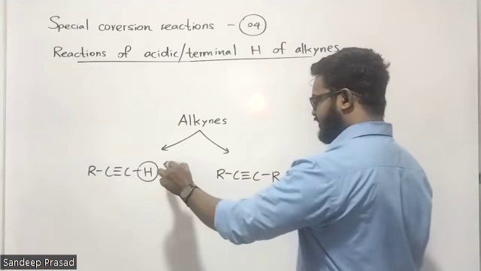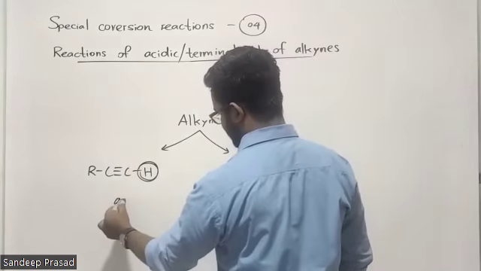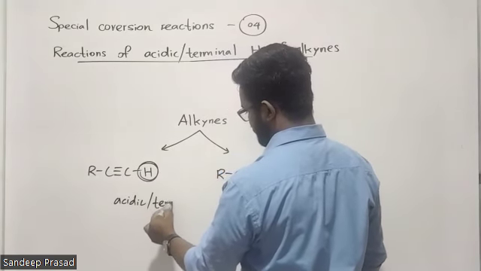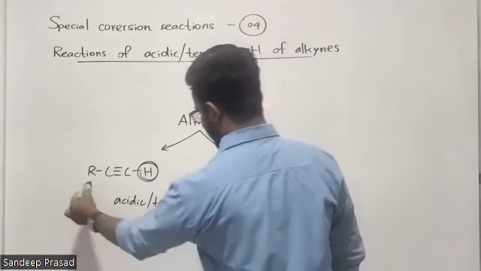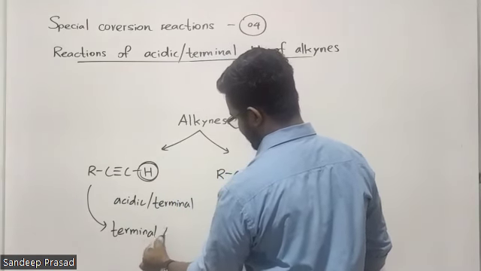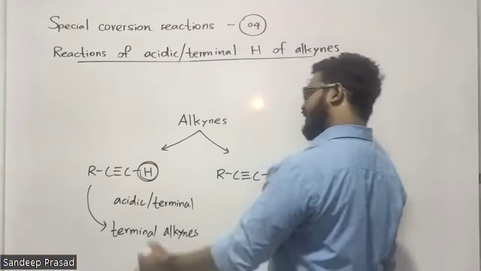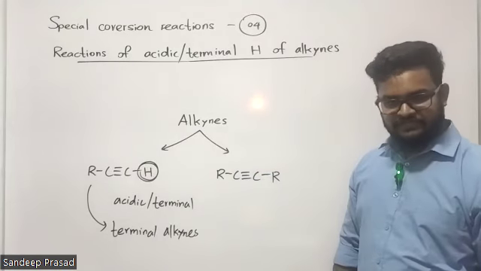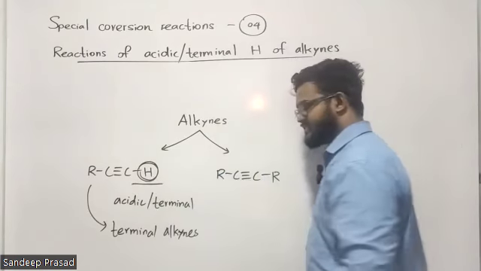These terminal hydrogens are considered acidic hydrogens. So for these alkynes, we give the name terminal alkynes. Actually, they are not terminal alkynes; the name came because of the terminal hydrogen of that alkyne, because this terminal hydrogen is more acidic.